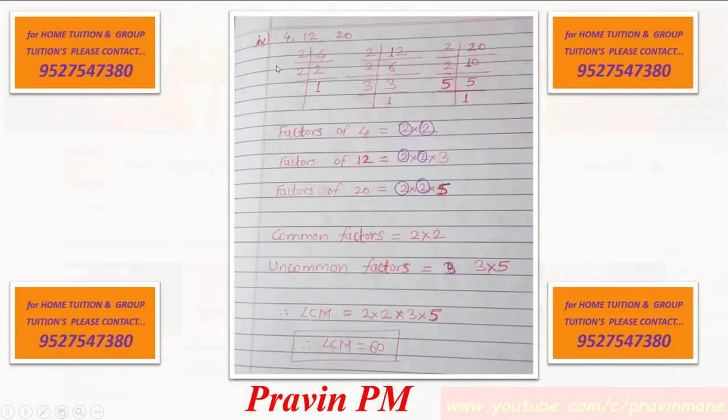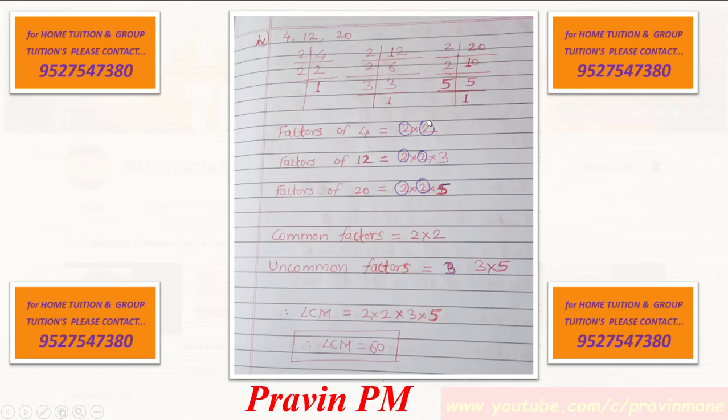Now LCM of 4, 12 and 20. Same way you do it. Find factors of 4, factors of 12 and factors of 20. List the factors. Circle the common. 2 times 2 is common.